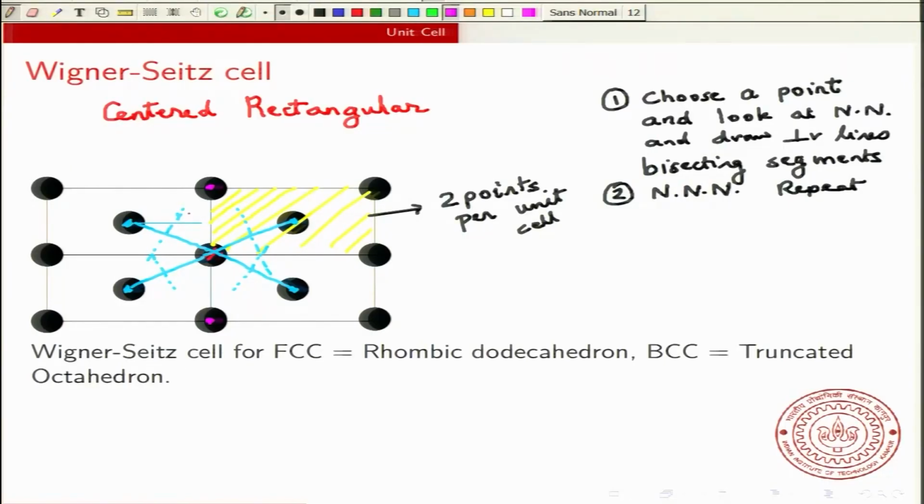And if I draw lines bisecting them, then I will get something like this, and I will get a line that looks like this. And as the procedure goes, you are supposed to continue, so repeat and then choose common area.